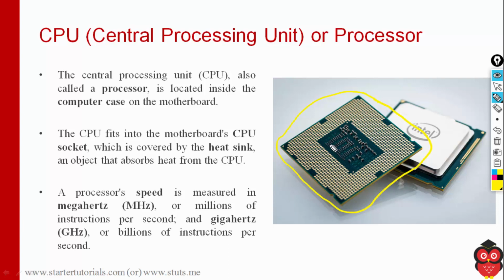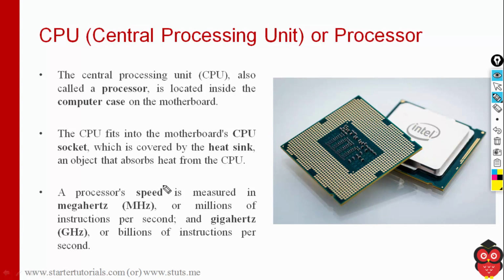It is a very small chip which contains millions and billions of electronic devices called transistors, and each transistor can either represent 0 or 1. So there are millions or billions of these things. A collection of transistors contains several zeros or ones, which represents information. I will talk about the zeros and ones later.